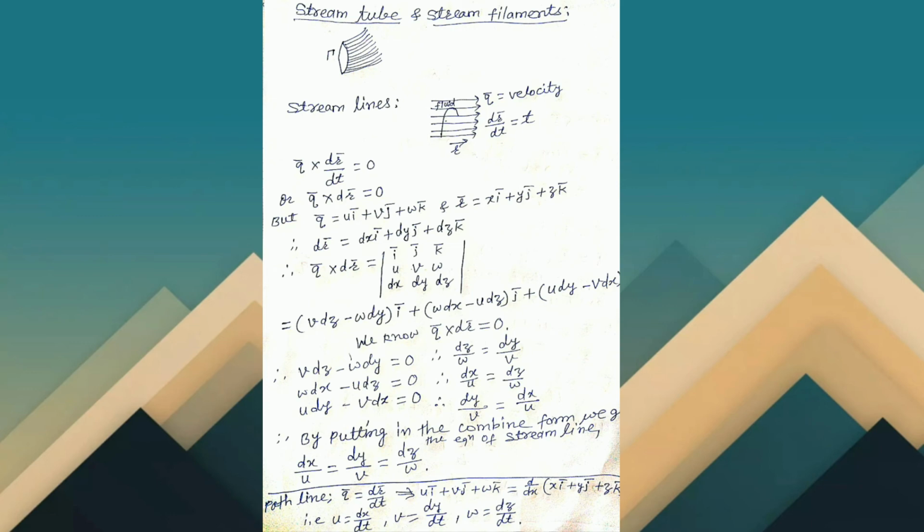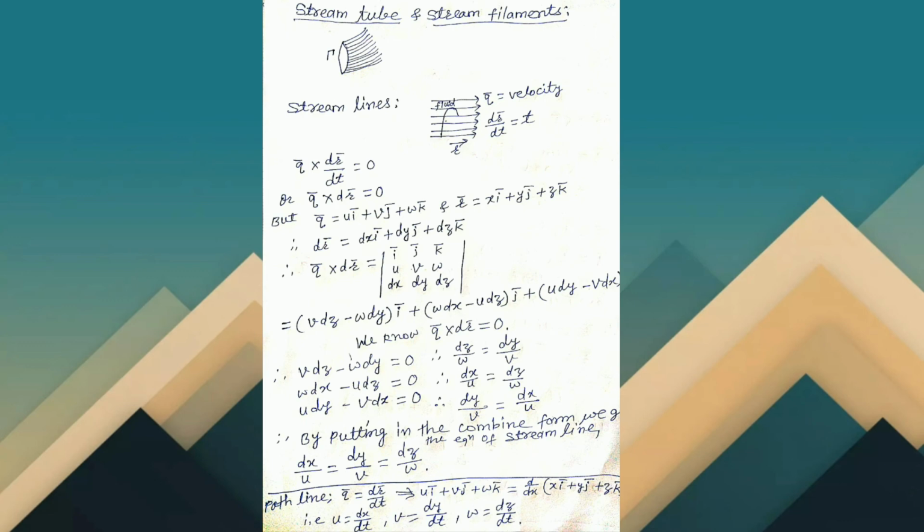The streamlines drawn through every point of a closed curve gamma enclose a tubular surface in the fluid, which is called a stream tube or tube of flow.